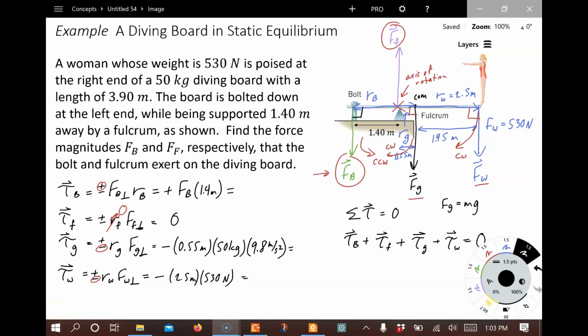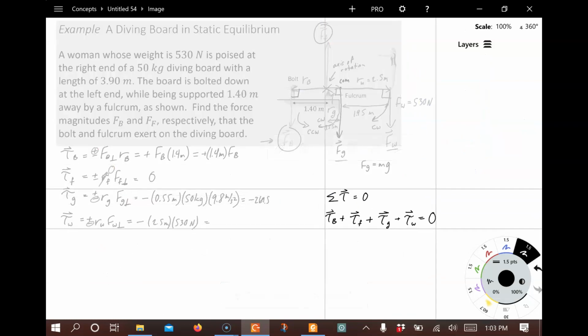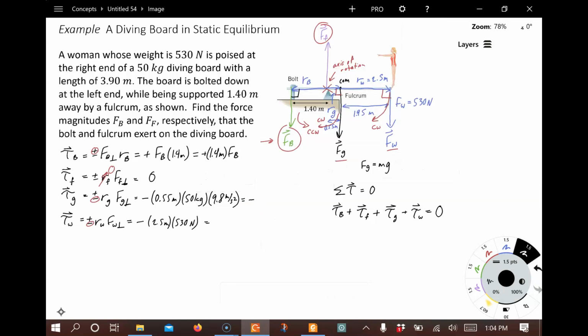So the first torque we can write as a positive 1.4 meters times FB. The next one is 0. The next one we can write as a negative 269.5 newtons times meter.